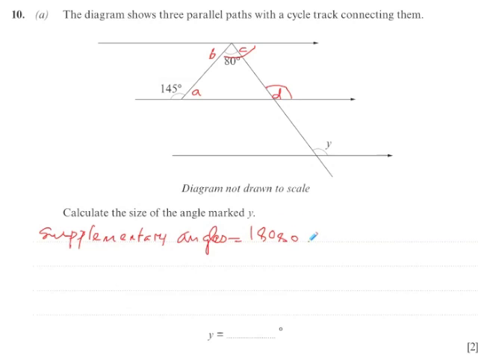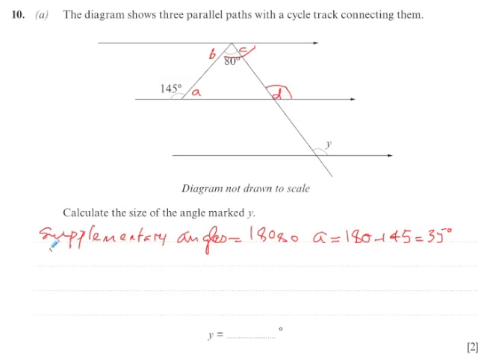So A equals 180 minus 145, and that's equal to 35 degrees.